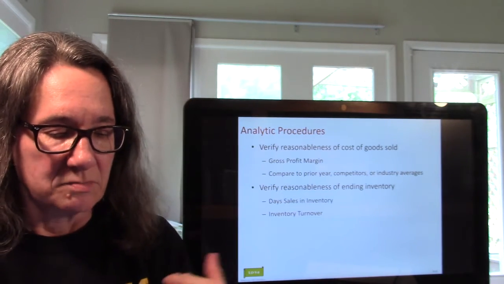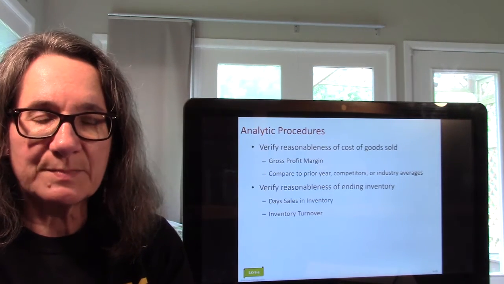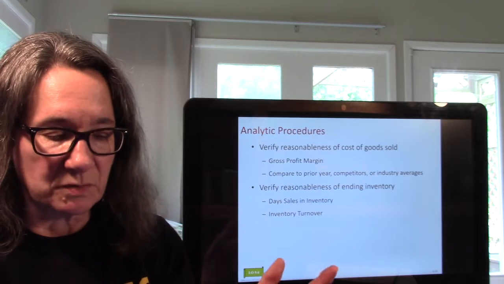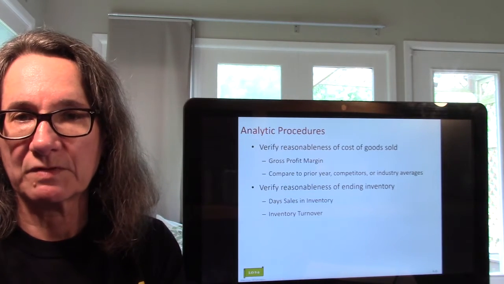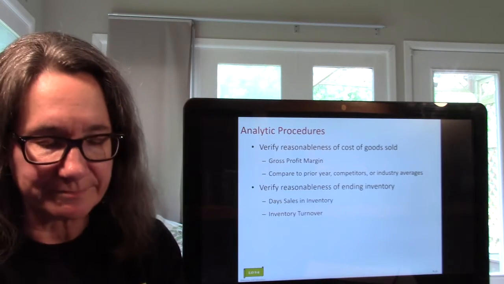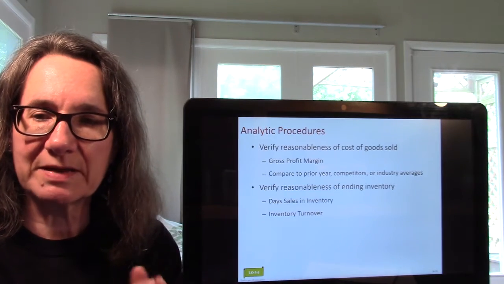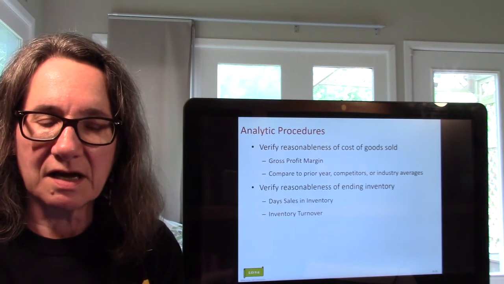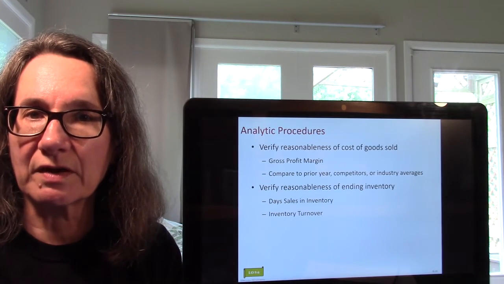So for cost of goods sold, you could say, typically cost of goods sold is a certain percentage of sales, right? Or the profit margin is this percentage of sales, and you can compare that. You can say, okay, based on what the industry does, it's a grocery store, their gross margin should be 3%.